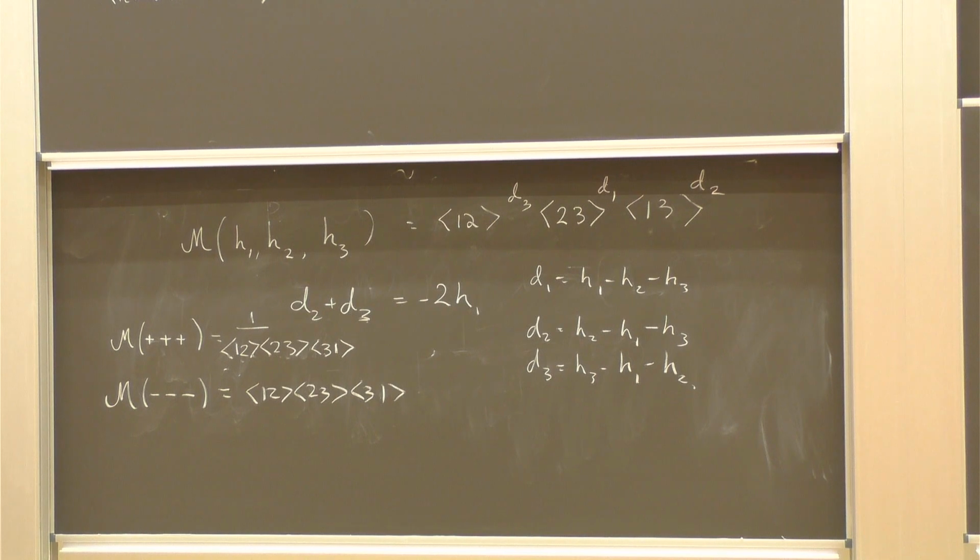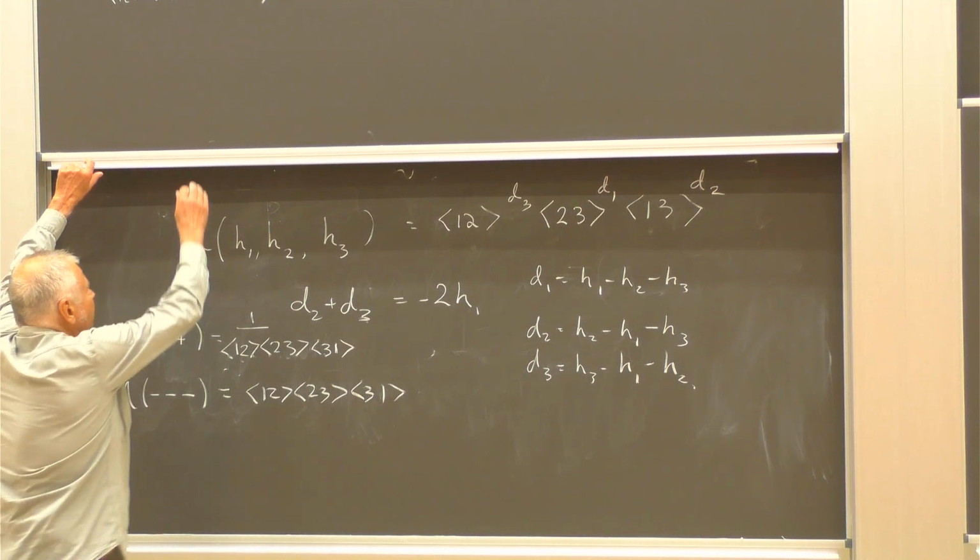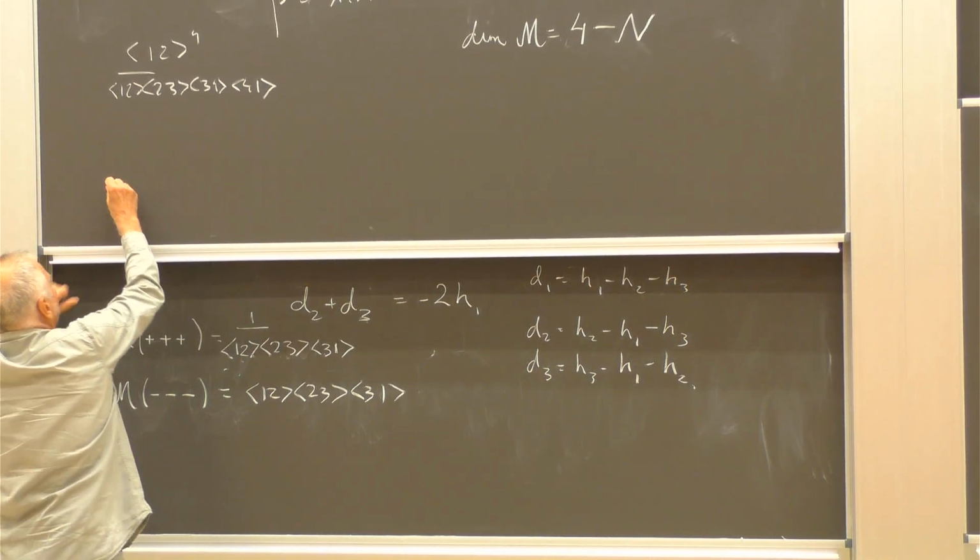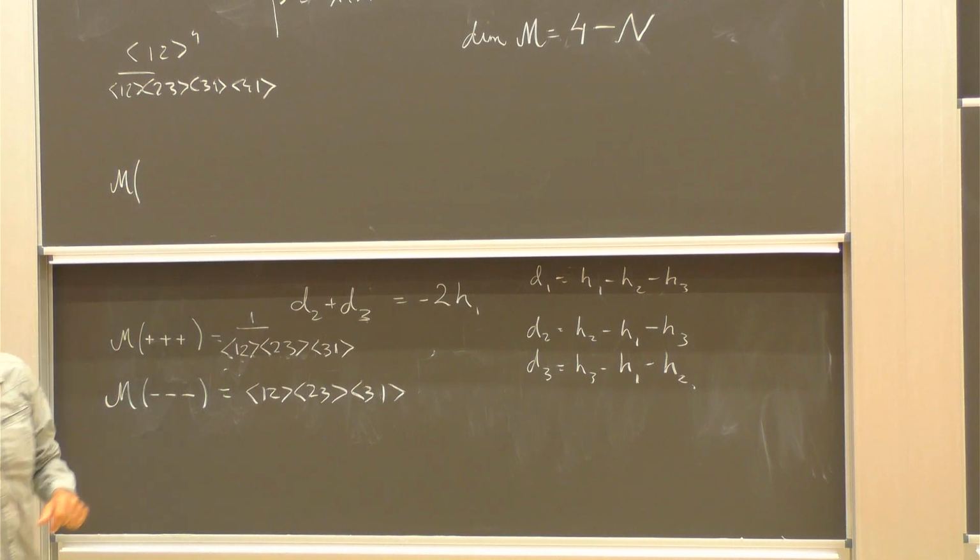Then, so this is that. Then the other ones, I can write them here. It'll be the amplitude in which you have 2 pluses and 1 minus, yes?